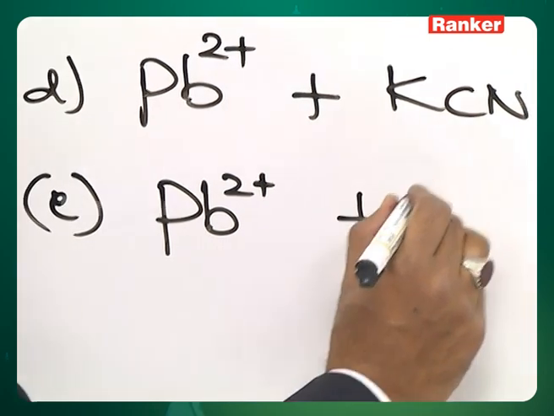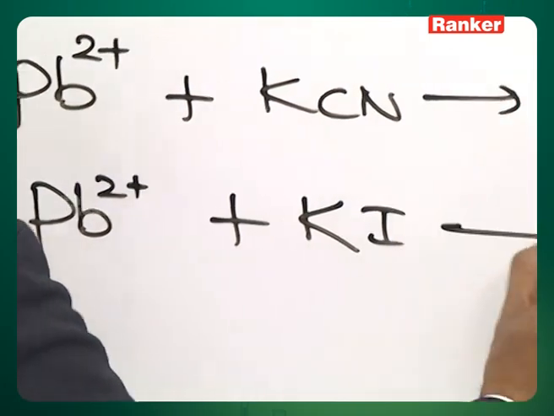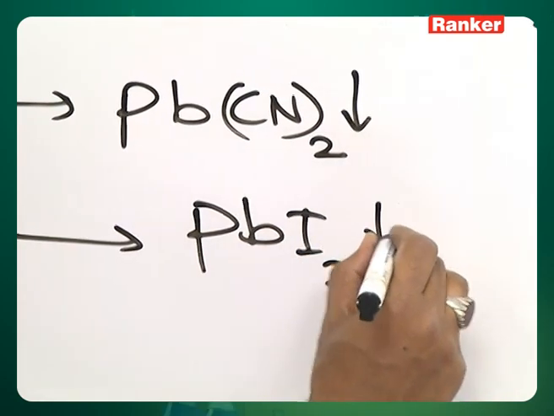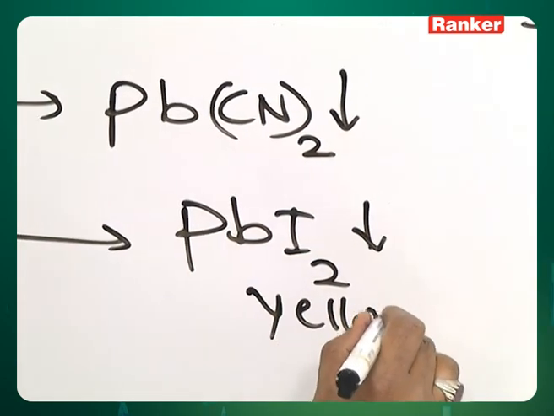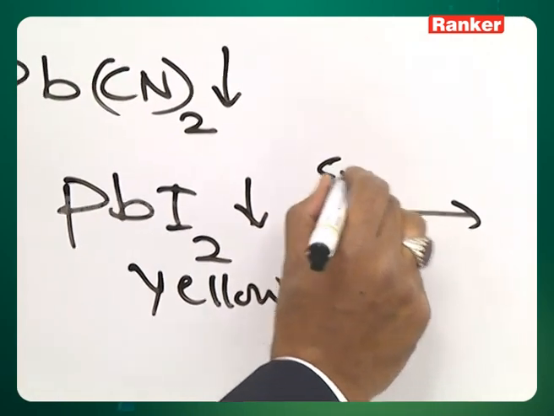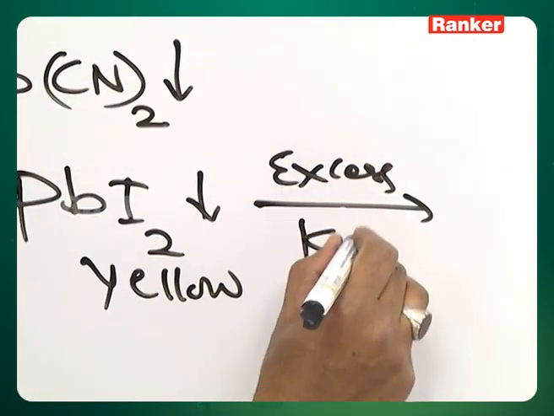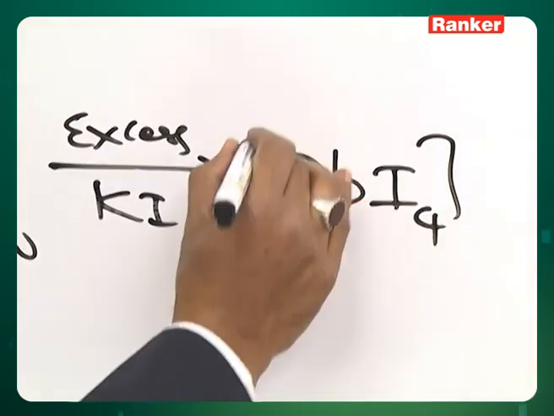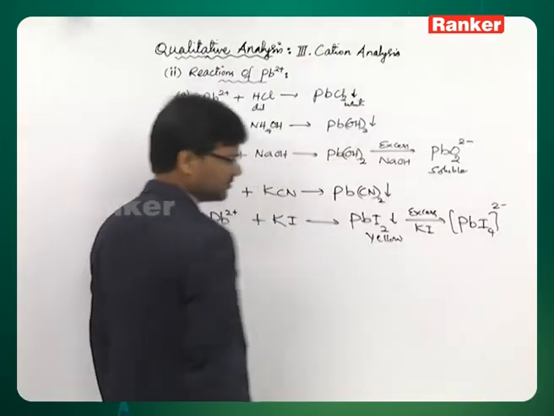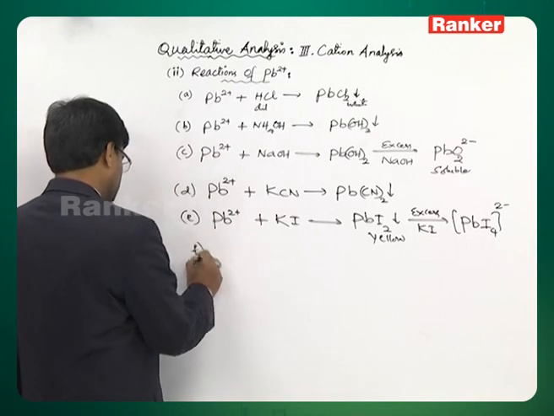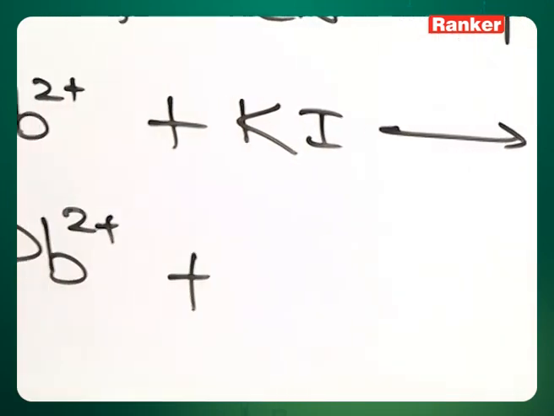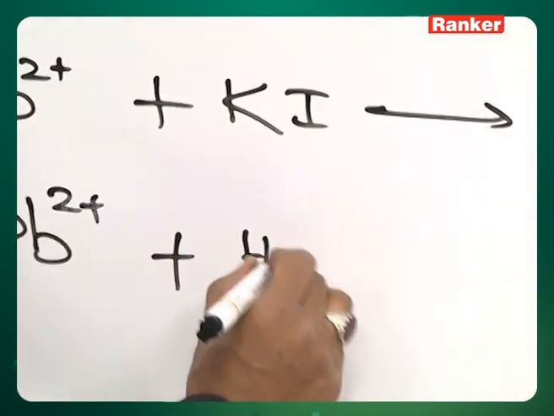Pb2 plus plus KI, you get PbI2. This is a yellow precipitate. In excess KI, it forms PbI4 2 minus, a soluble complex. Pb2 plus plus H2SO4, dilute sulfuric acid.